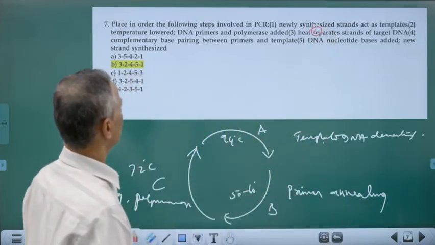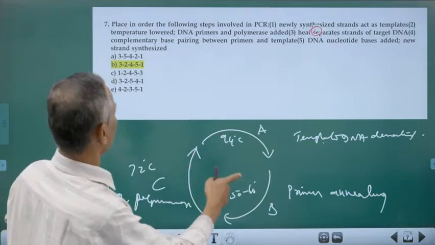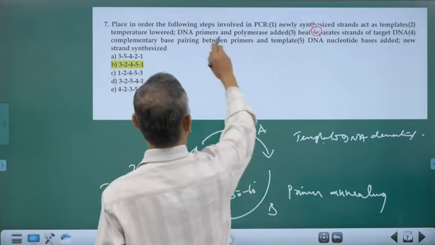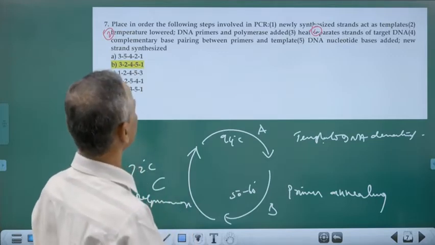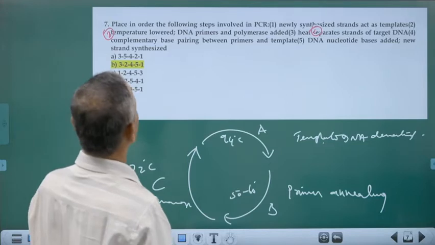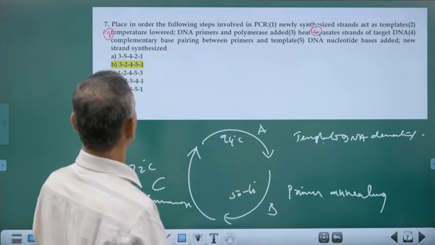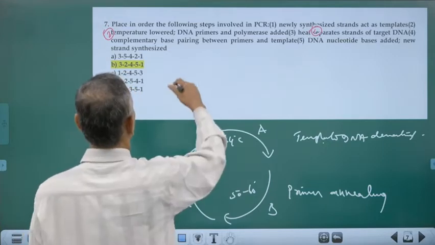Okay. Now, once the 2 strands are separated, the temperature is lowered and primer is annealed, DNA primers. So it should be the second one. Then complementary base pairing between primers and template. That is what is called primer annealing.